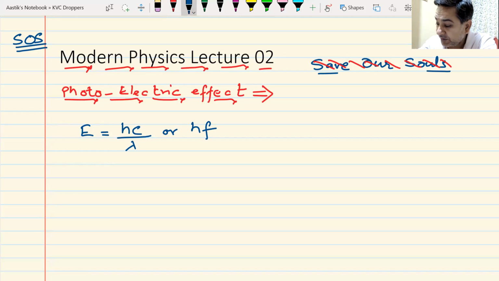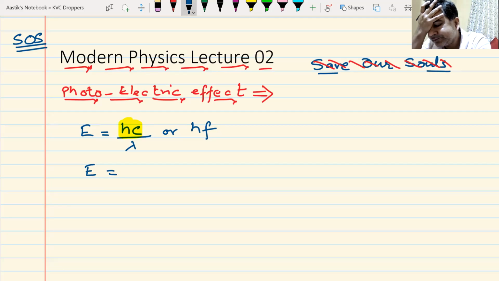And we have also seen a very good shortcut: instead of writing it as hc by lambda, I can write it as hν. That I've already done. hf. That I've already done. See, that is the problem with doing it in 2 minutes. 12,400 by lambda. See, now you recollect.